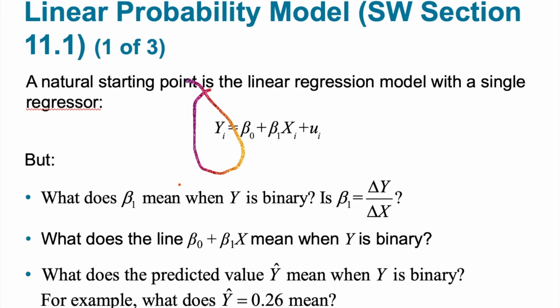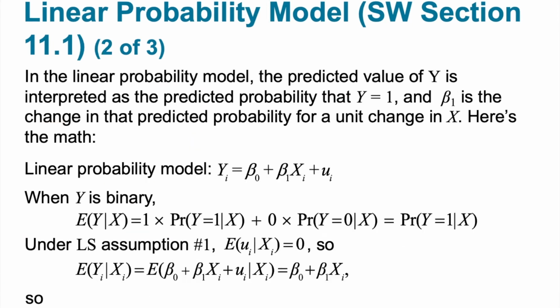How to interpret the coefficient? What does the line mean? And what does the predicted value mean when we have a binary dependent variable? In the linear probability model, the predicted value of y is interpreted as the predicted probability that y equals 1.